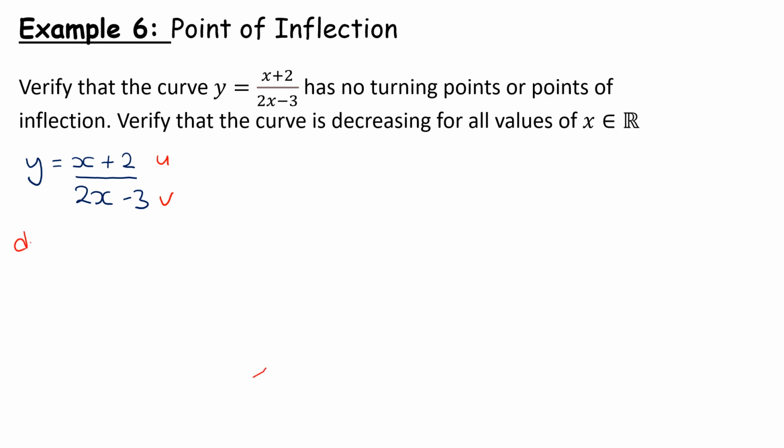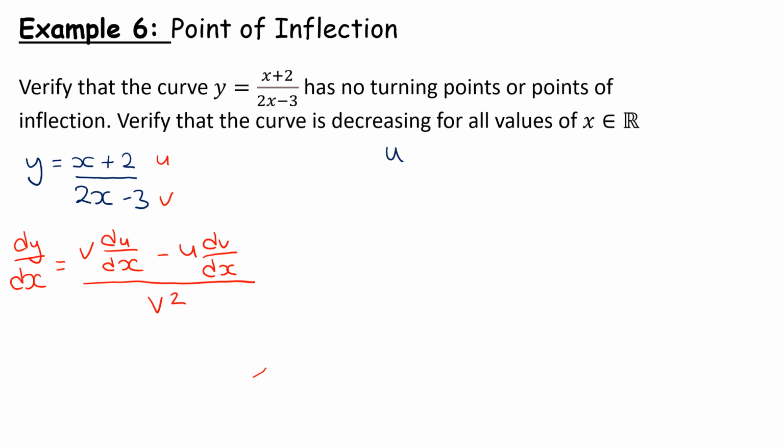Then our formula is dy dx, the derivative of this, is v du dx minus u dv dx all over v squared. So we'll do a little bit of work over here. If u is x plus 2, then du dx, differentiating this with respect to x, gives us 1.